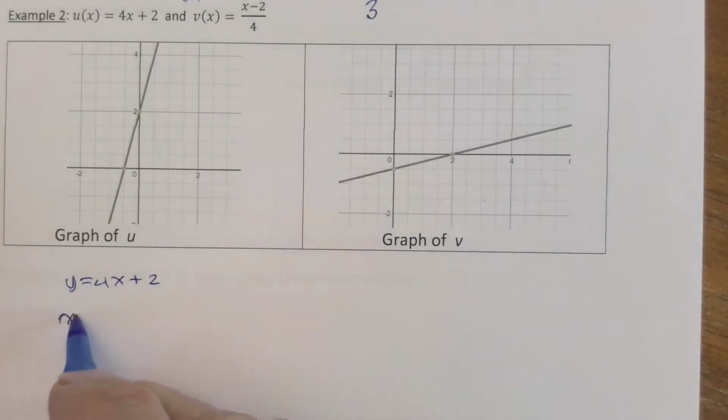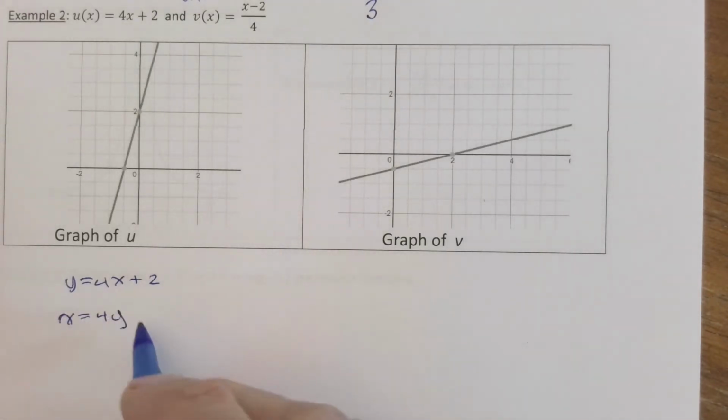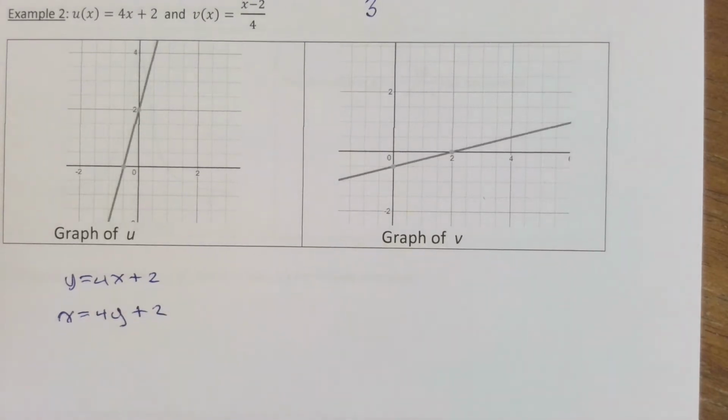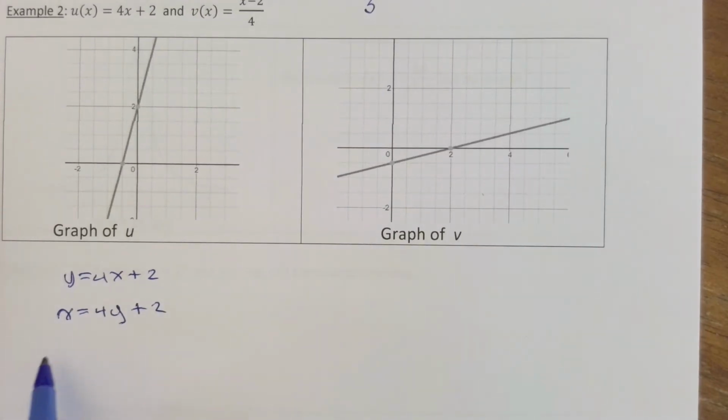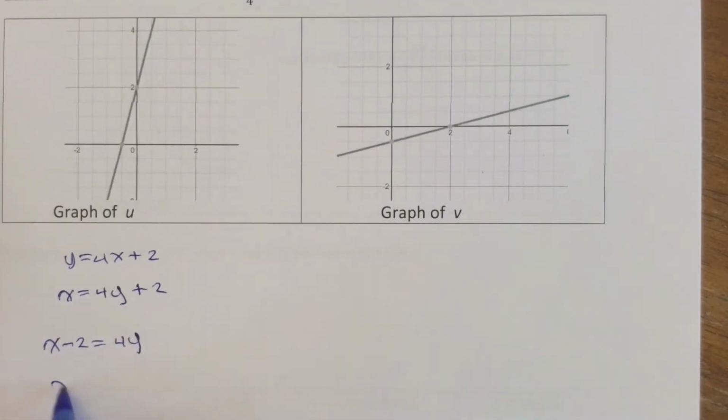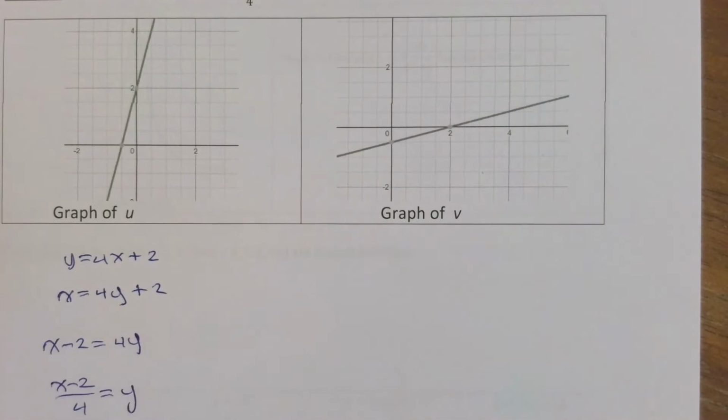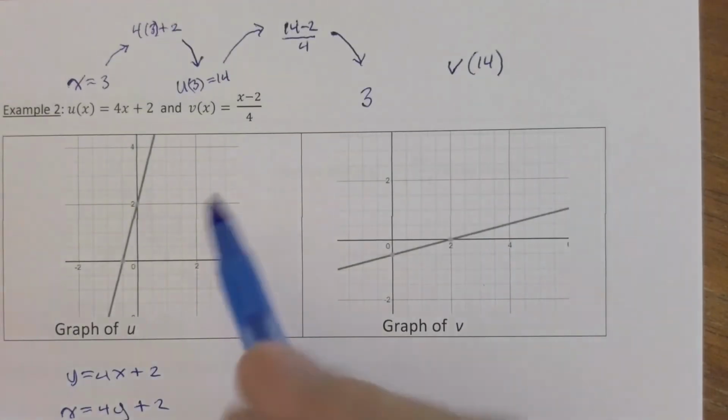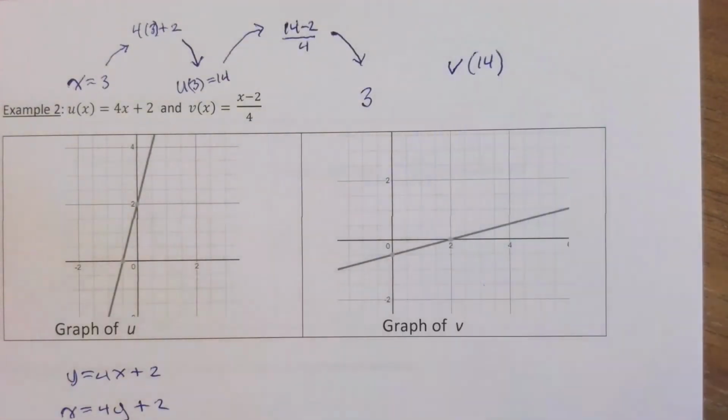So you put the x here and the y here, and then just solve this equation for y. So you'd subtract 2 from both sides. And then you would divide both sides by 4. And you would come up with the expression used for the function v, x minus 2 over 4.